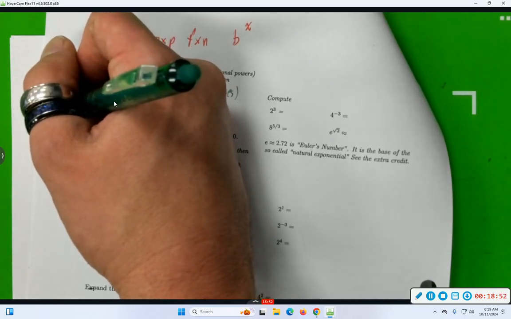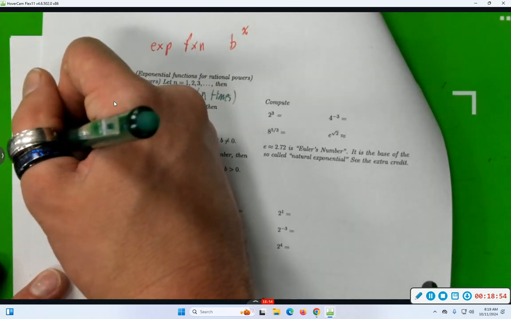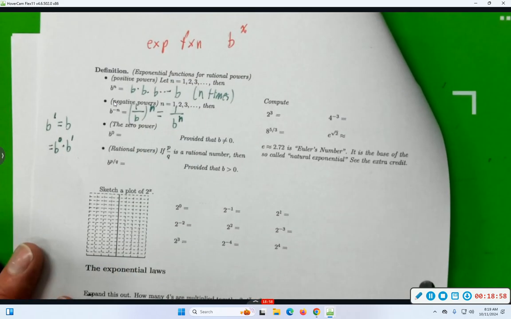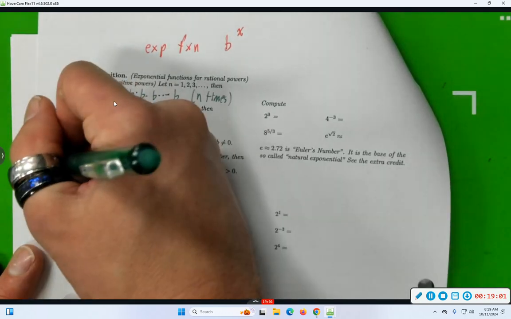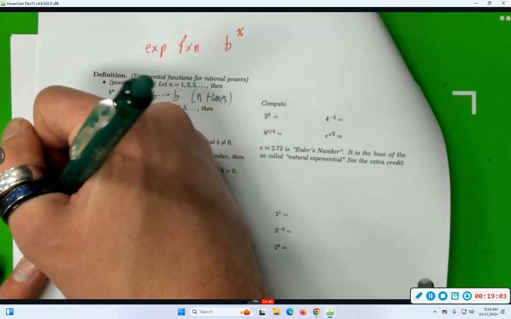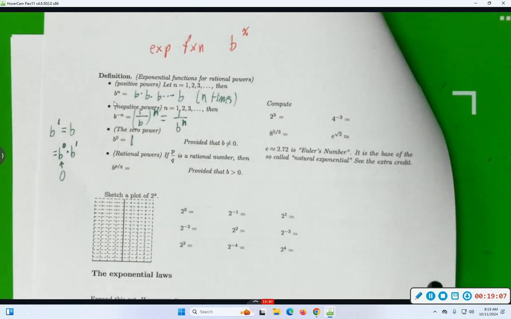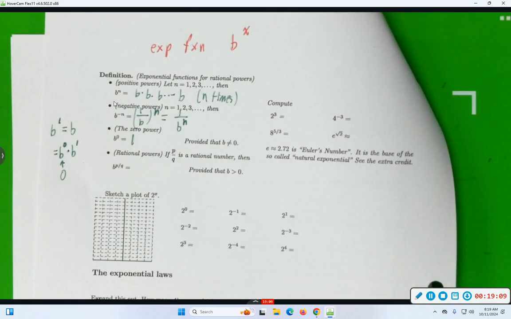Multiply by b once, that's what you get. But that should be the same as multiplying by b 0 many times and then multiplying by b once. And if you set b to the 0 to be 0, you don't get that. So I'll set b to the 0 to be 1, as long as b isn't 0. I won't even try to define what 0 to the 0 means, because if you try to make sense of what 0 to the 0 means using different limits, you can get absolutely any answer you want. So it's just not defined.